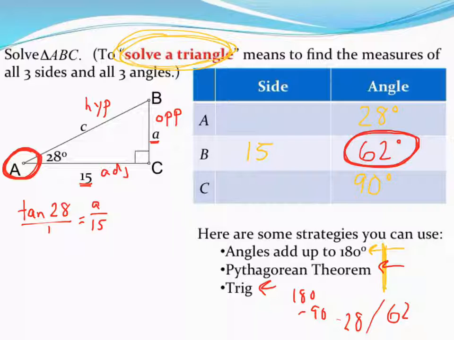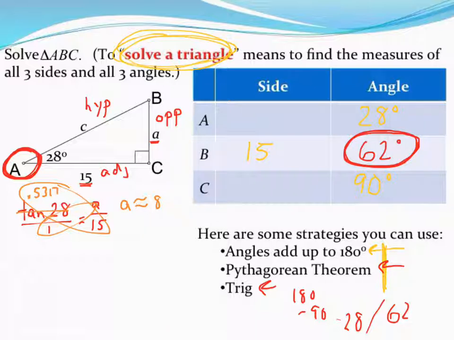So let's go ahead and solve this proportion. I'm going to use a calculator and find the tangent of 28, and I find that to be approximately, going to 4 decimal places, 0.5317, when I do the tangent of 28, regular tangent, not inverse tangent. And from there I'm going to cross multiply. So A times 1 is just A, and cross multiply the other way, 0.5317 times 15 comes up almost exactly 8.